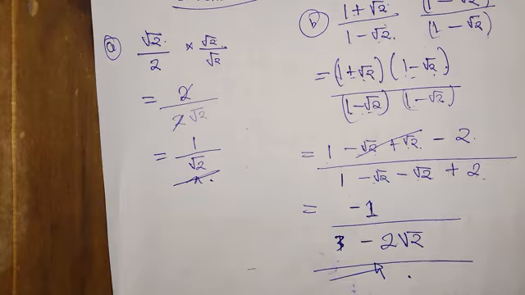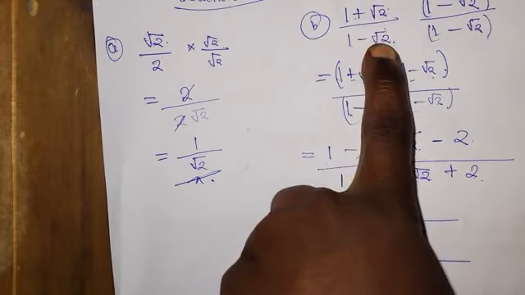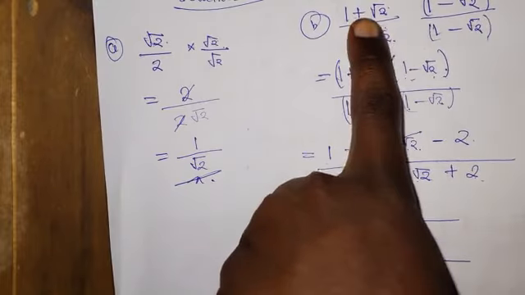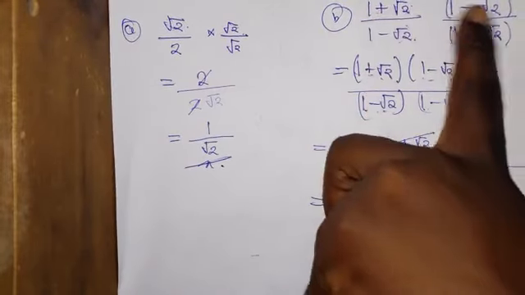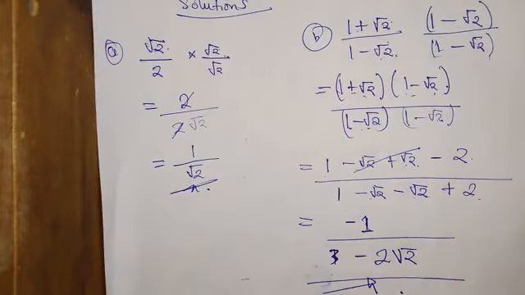You have to understand what a conjugate is for each case. Just as we said, for 1 minus root 2, its conjugate is 1 plus root 2, or for 1 plus root 2, its conjugate is 1 minus root 2. So understand what the conjugate is before you start multiplying throughout.